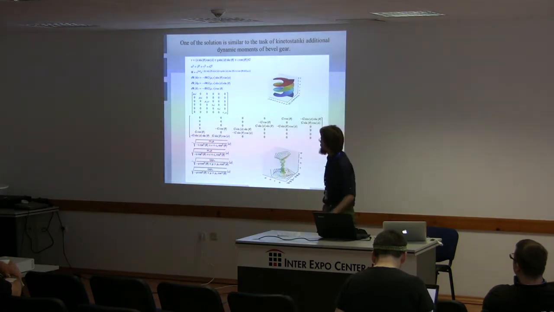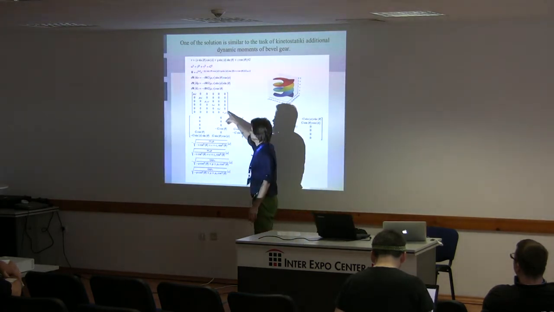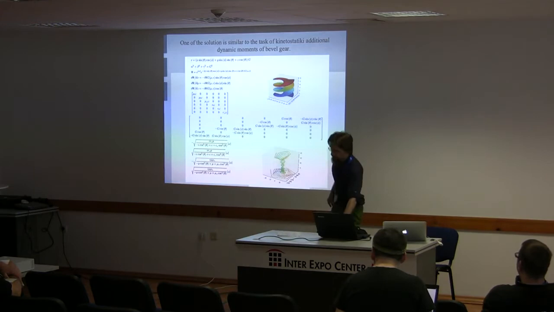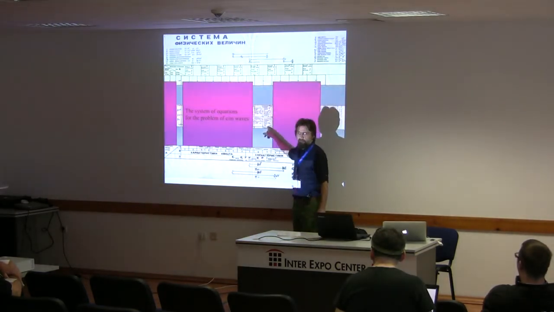I mean, when we make a sum of that matrix and that transposed matrix, we will have exactly that four cell.